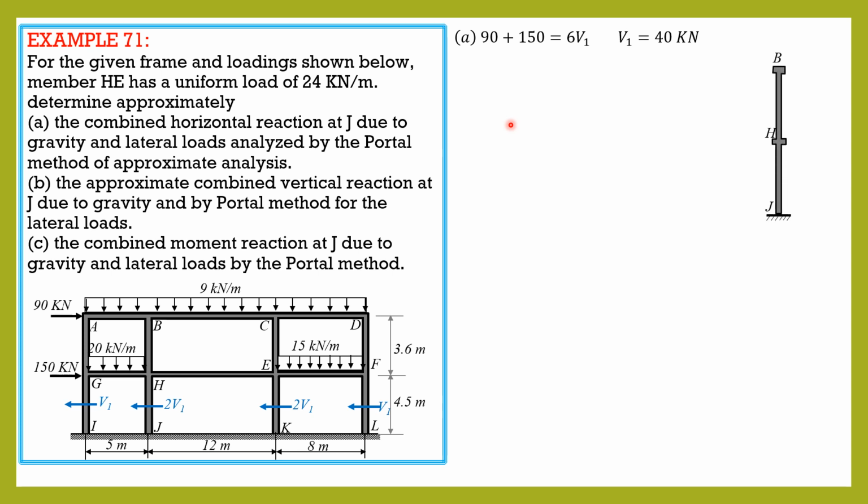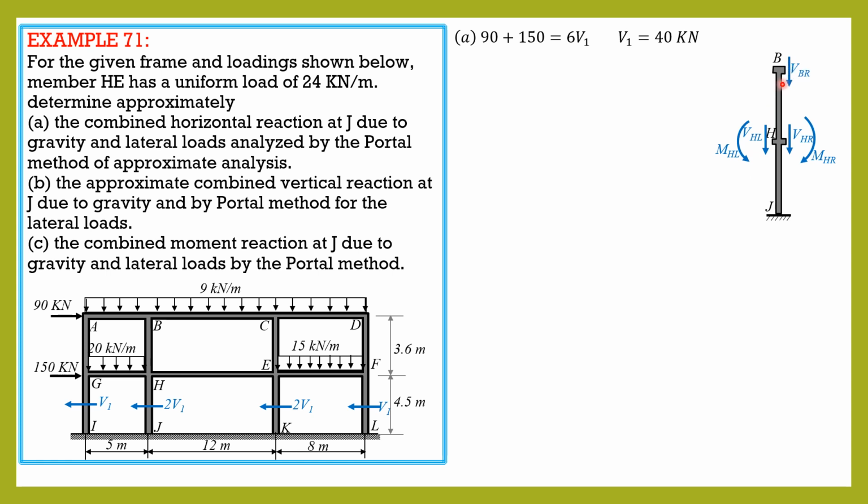Then we can now analyze this part. So we have to solve VHE, which is WL over 2, where W is 24, length is 12, and this is the moment, 0.045 WL squared. On the left side of H, we have VHL, or reaction at H at the left, and moment HL.